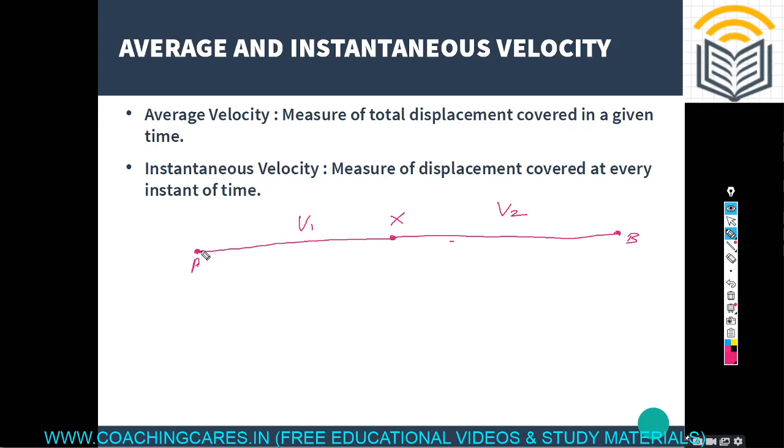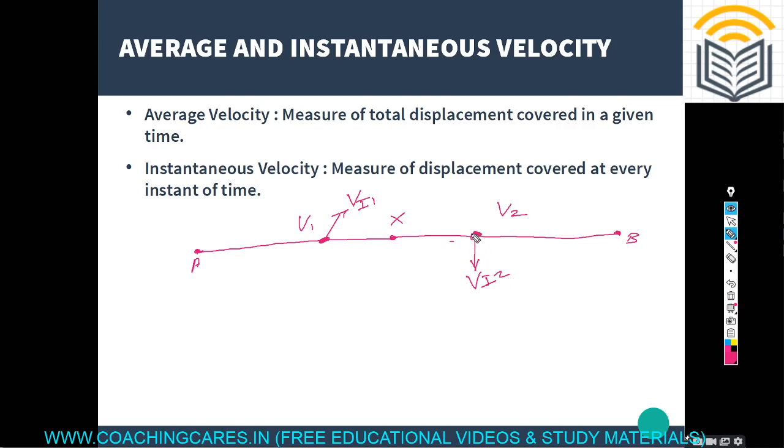So average velocity will be the total displacement from A to B divided by the total time taken. For instantaneous velocity, we can take any instant of time and the velocity of the object. Say at this point I want to take the velocity of this object, that will be Vi1. At this other point, I again check the velocity, that will be Vi2.